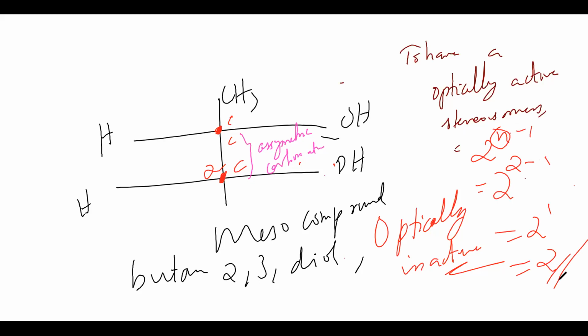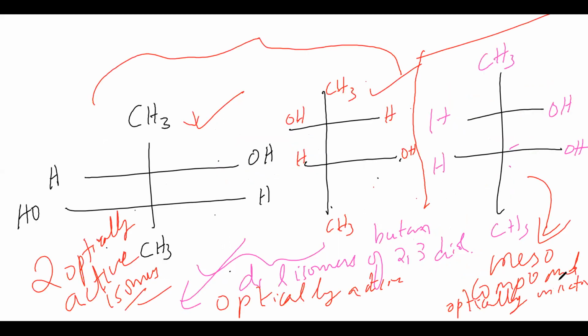So this is also one way of doing this question, while the earlier one was more of a diagrammatic method. Mostly for this kind of question, the optically active isomers will be either 1 or 2.